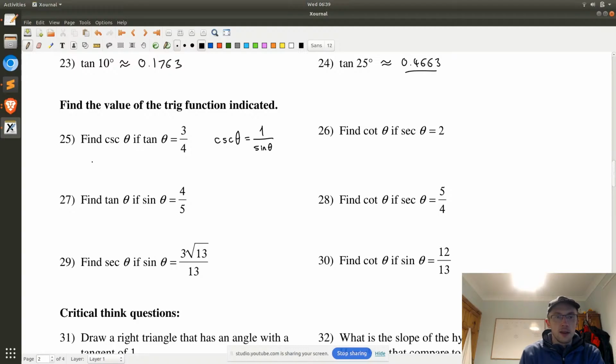And tangent of theta, well, that's the opposite side divided by the adjacent side. And sine of theta is opposite over hypotenuse. Therefore, cosecant of theta equals hypotenuse over opposite.